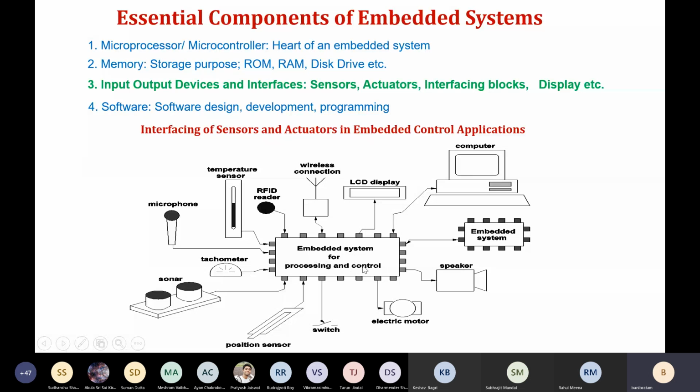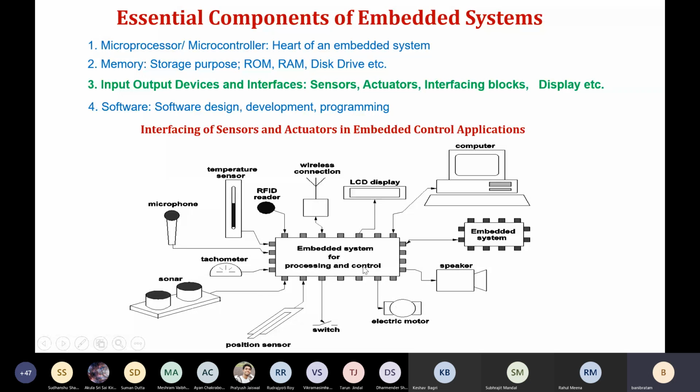If we develop some controller logic in this embedded system, the controller will analyze the sensor data, compare it with the reference data, and based on that decide what action it has to take depending on the application. Then from the embedded controller, the command goes to the process through the actuator.